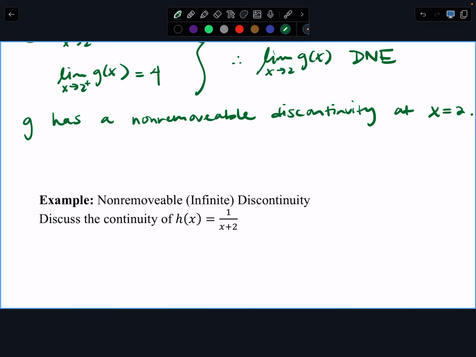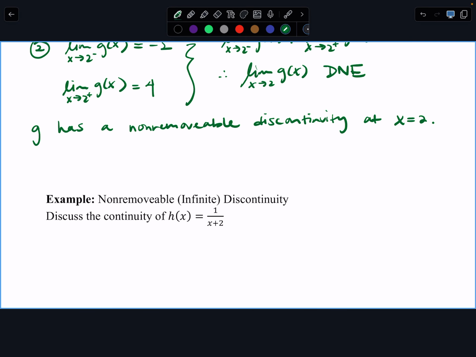So if we wanted to go a step further, because if you know about a point of discontinuity, you can also rely on your prior knowledge about these different types of functions. And we could also make a statement about where g is continuous, couldn't we? Like we could say that g is continuous on the, and I'm going to stick to open intervals for now.